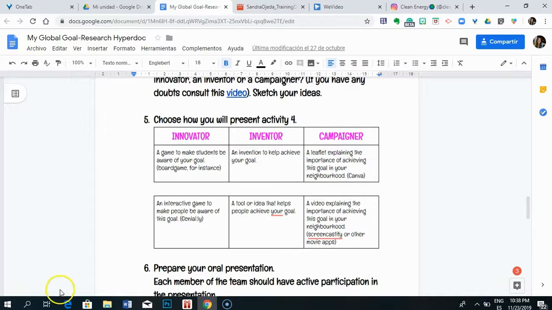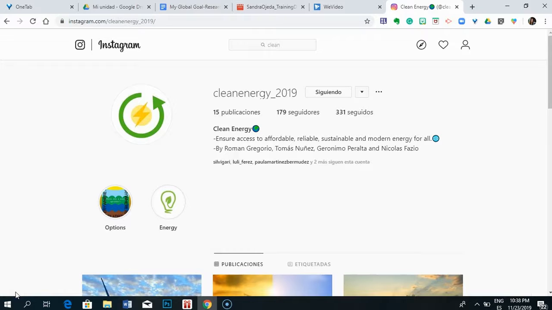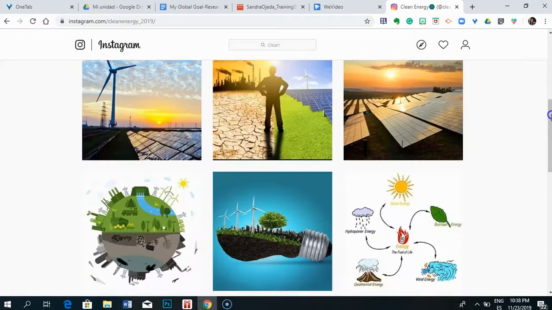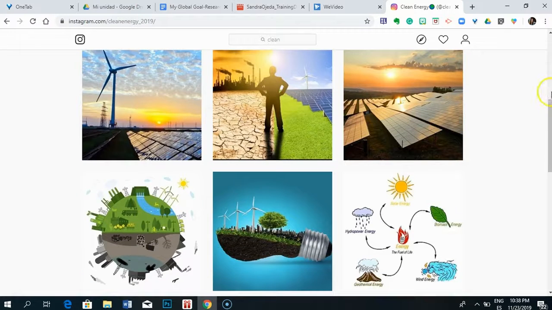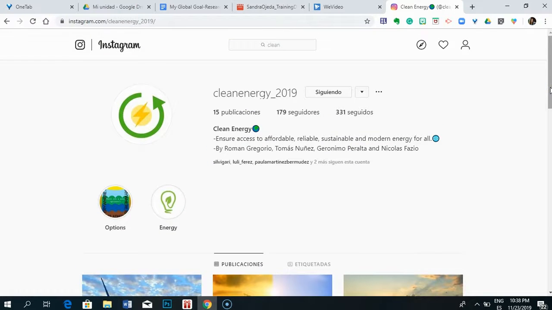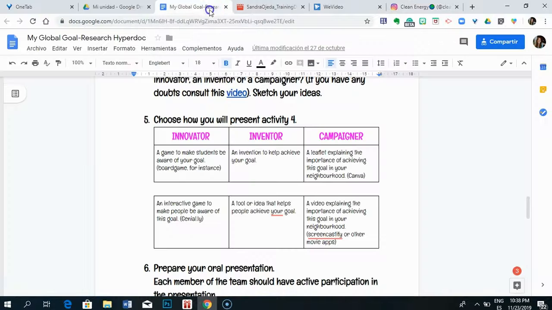The results were that one of the groups took the role of campaigners, and they created an Instagram account called Clean Energy. They posted pictures related to energy, and they are also planning to upload videos explaining the importance of this goal. Another interesting idea was related to the innovator role.